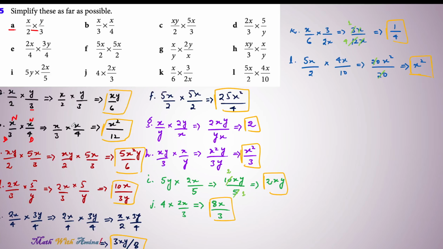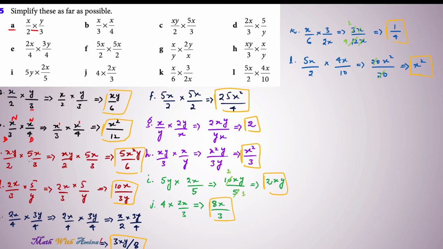As you know, when multiplication takes place between the same variables, their powers are added. The power here is 1 and the power here is 1, so when their powers are added, we get x squared. In the denominator, 3 multiplied by 4 is equal to 12. This way we will have x squared over 12 as the answer.